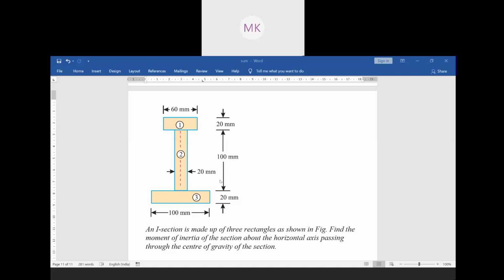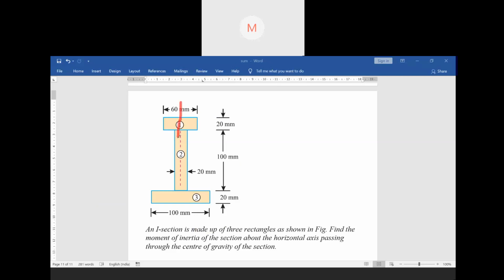Can you able to solve this? Now here, look. Here it is given what? Here the axis will be what?